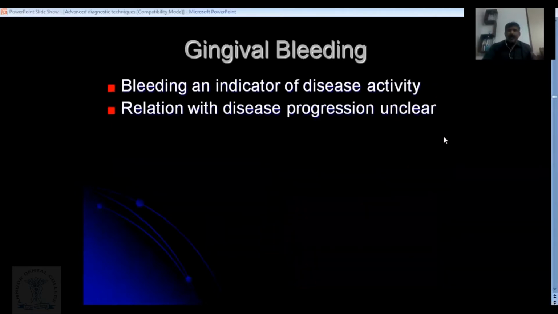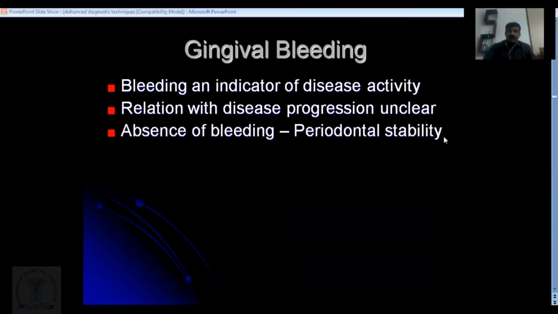So it is an indicator of disease activity, though not all sites that bleed are necessarily active periodontal sites. And sites which do not bleed, you can be sure that there is some sort of periodontal stability there.